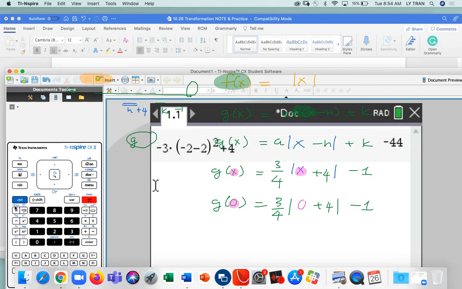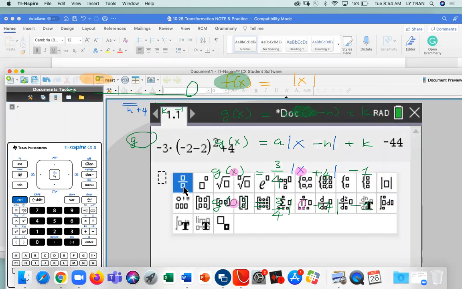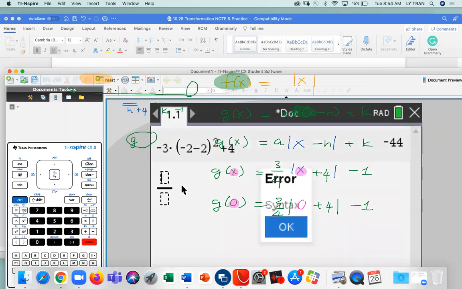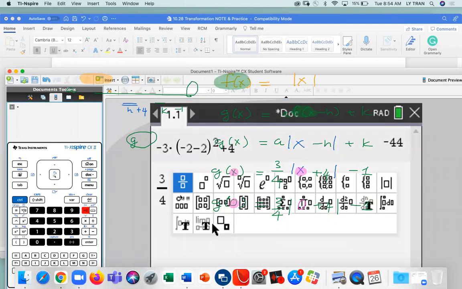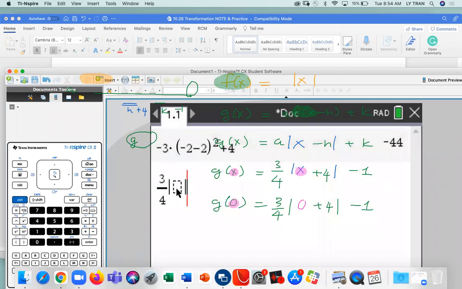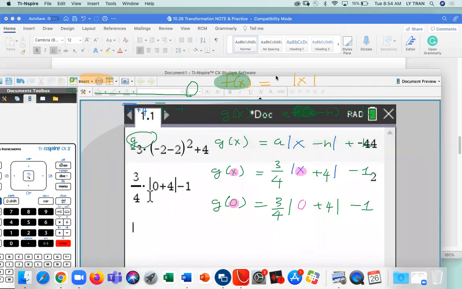I want to get 3/4, so let me grab the little 9 thingy again. I get the fraction. So I got 3/4. I'm going to do that little 9 again. I get the little absolute value bars in the middle. I'm typing in 0 + 4, which you know is a 4, but let me just type it in, -1. Boom. And it's going to give you 2, just like that.